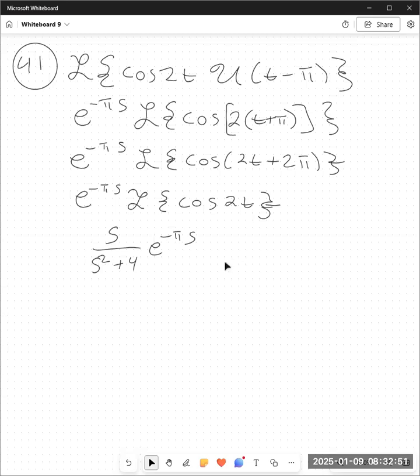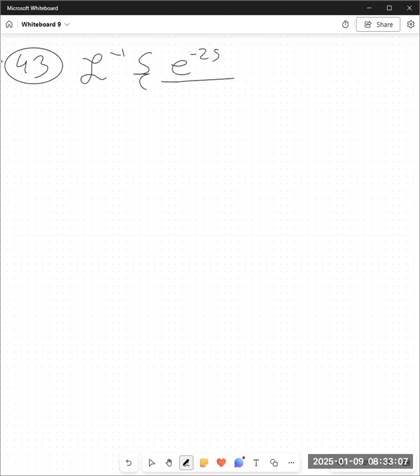Now for some inverse Laplace transforms of this type. 43 is going to be inverse Laplace transform of e to the negative 2s over s cubed. So that's going to be 1/2 inverse Laplace transform of e to the negative 2s times, and I need to write something here that is an f of s.